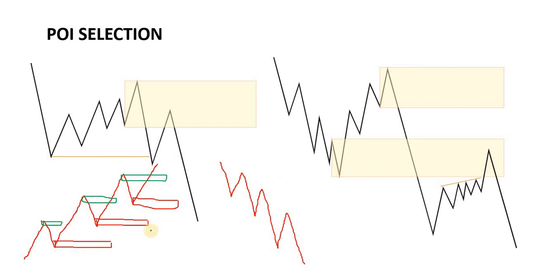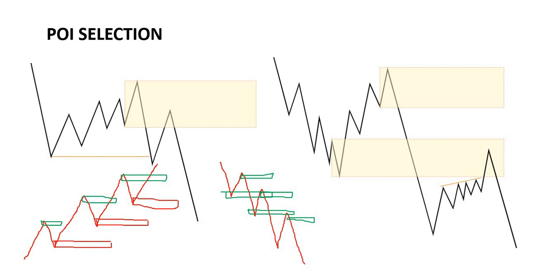So let me just make it very easy. Now this is a positive move. Our primary point of interest is going to be these ones, while our secondary point of interest is going to be these ones, something like this.